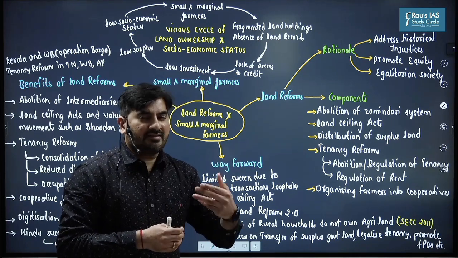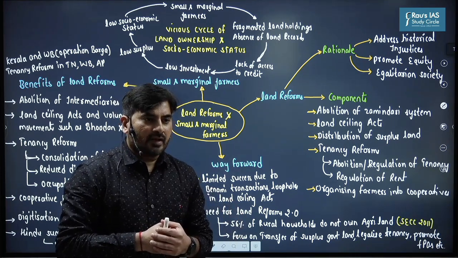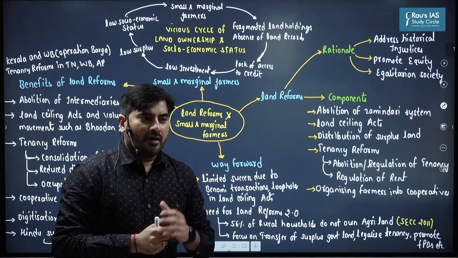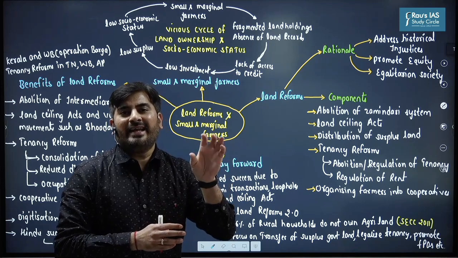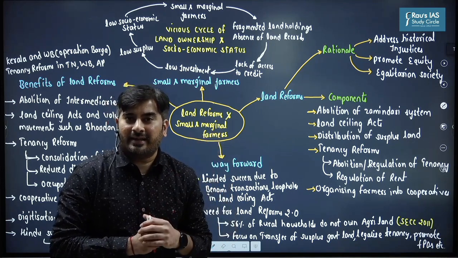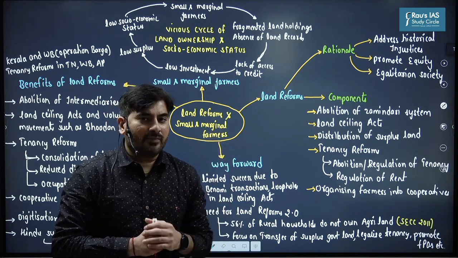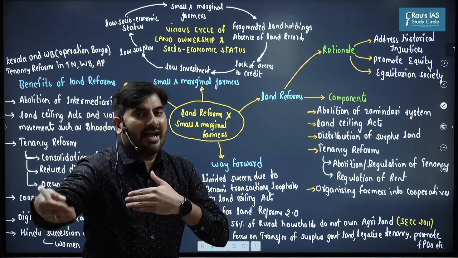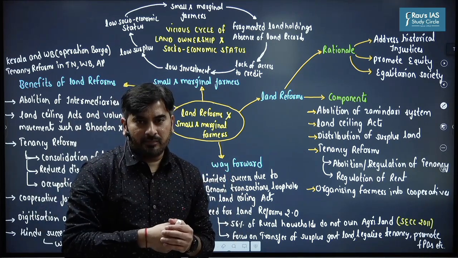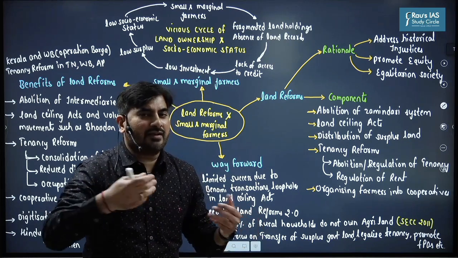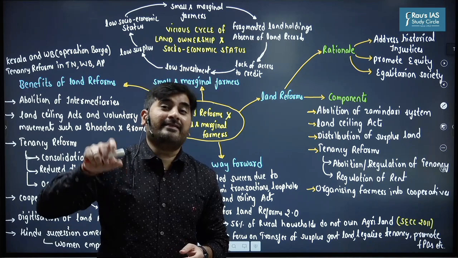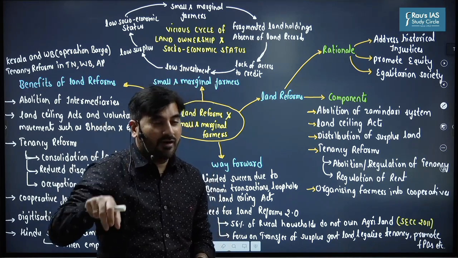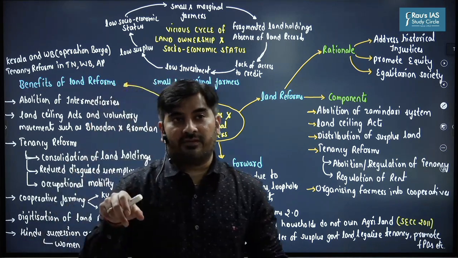For example, with respect to irrigated area, a state may have put a limit that no individual can own more than 10 acres of irrigated agricultural land. So we put a ceiling. Whatever was surplus land with the person, let's say the person had 15 acres of land, that additional 5 acres was taken away from him, and then distributed among the poor and marginal farmers and landless people.